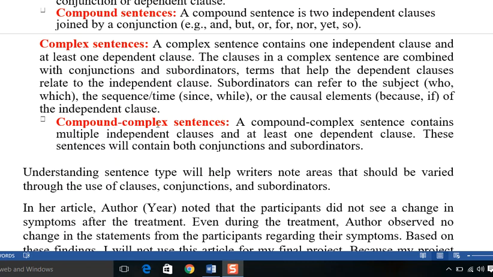And there are compound complex sentences. A compound complex sentence contains multiple independent clauses and at least one dependent clause, meaning two main ideas and at least one subordinate idea. But there may be more than one subordinate idea.